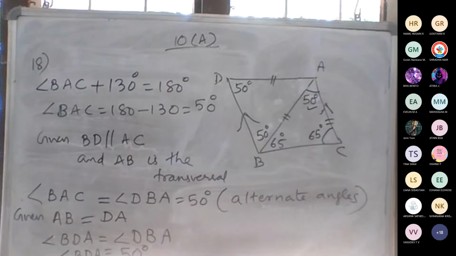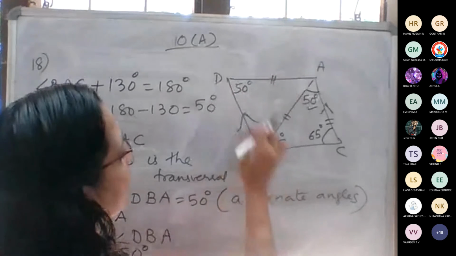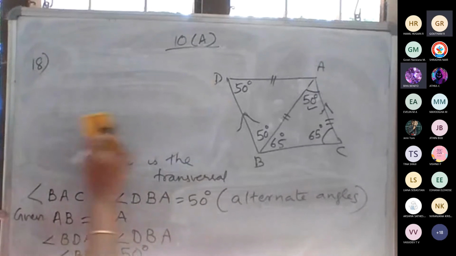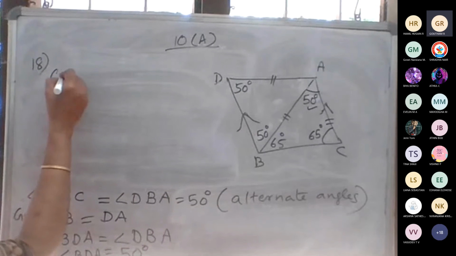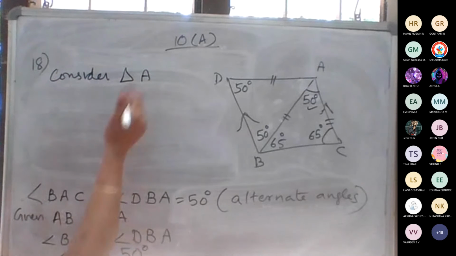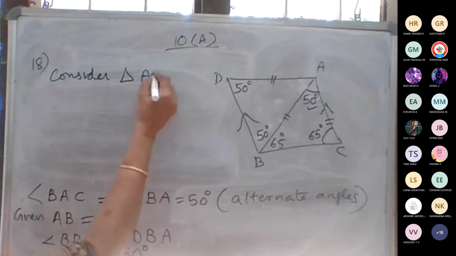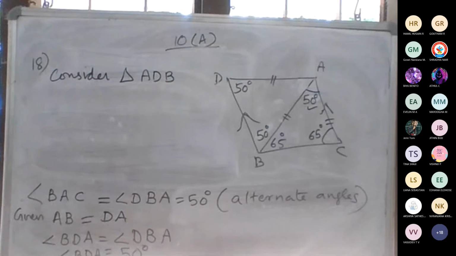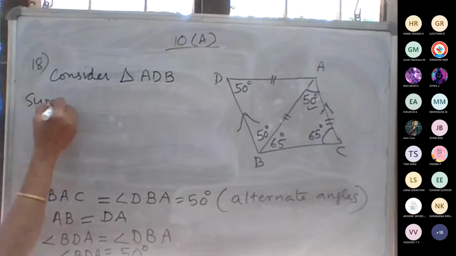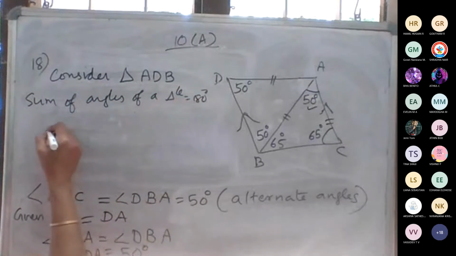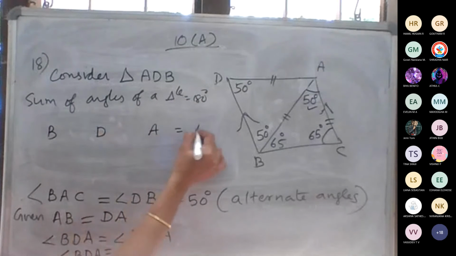Then next is easy, no? If you consider this triangle ADB, sum of all angles is equal to 180 degree. So if you want, you can write again, consider triangle ADB. If you need it in the exam, write it again and again, that is better. Sum of angles of a triangle is equal to 180 degree.